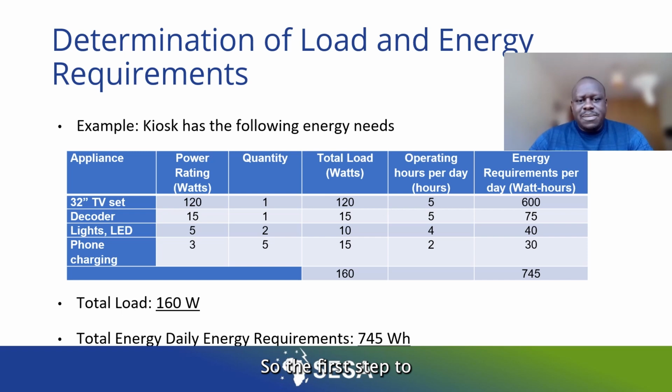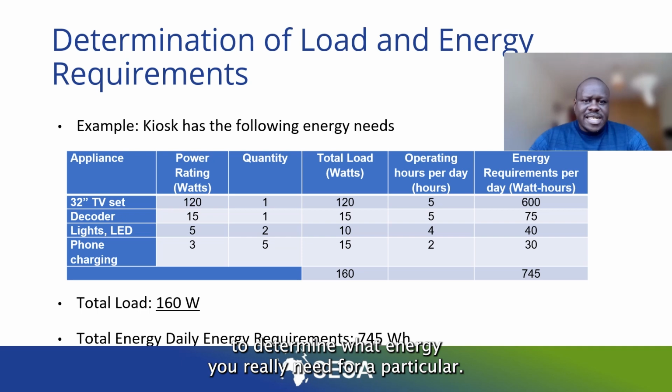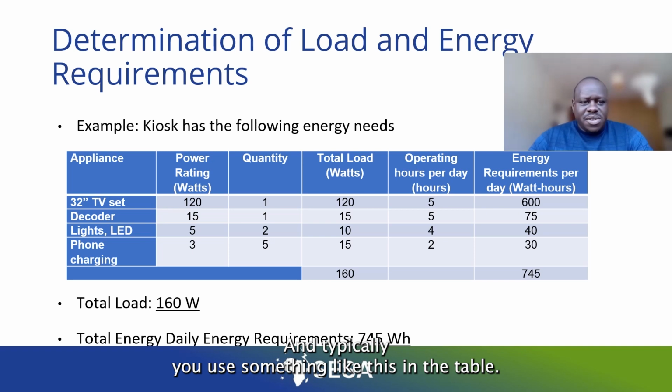The first step in the design is to take stock of the load requirements, to be able to determine what energy you really need for one day. Typically you use a table like this.